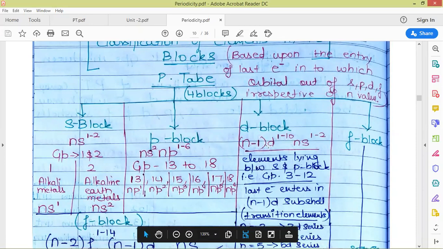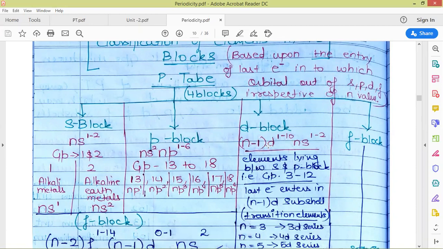Here the filling of the penultimate shell is there. That means this is the last shell, and the shell just before the last shell is called the penultimate shell. So here the filling of the (n-1)d subshell is there, and the general electronic configuration is (n-1)d 1 to 10 ns 1 to 2.